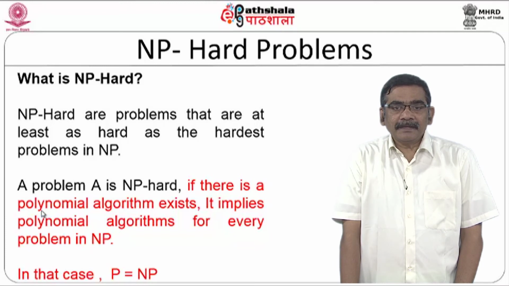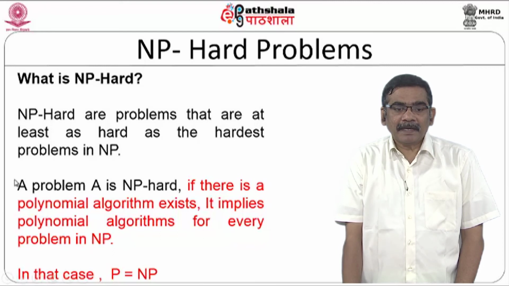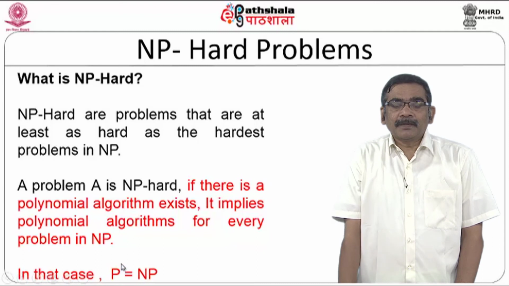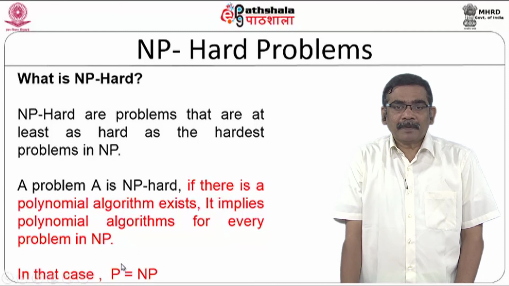if there exists a polynomial algorithm for it. It implies that using that particular algorithm, all the problems that come under the NP category can be solved. In other words, it is equivalent to saying that P is equal to NP. So, in short, we have a problem, and we do not know whether a solution exists or not. So far the solutions have not been found.